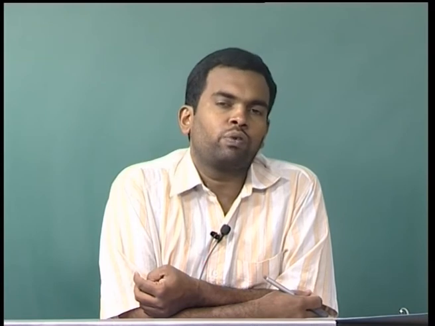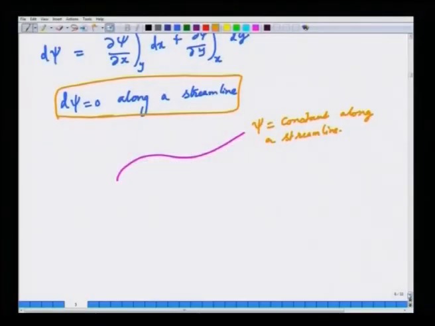The second advantage is more physical: if you find a stream function, then lines of constant stream function are streamlines. Now, streamlines are special lines in a flow domain where the velocity vector is always parallel or tangential to the streamline at each and every point in the fluid. So, by plotting the streamlines in a flow domain, it is easier to have a visual understanding of what the flow is going to be like.